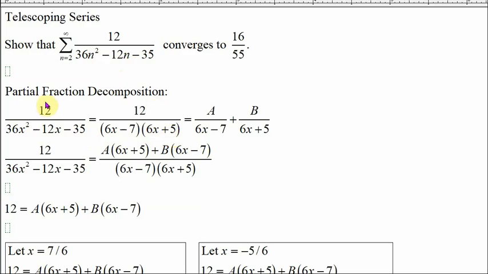And then using what's called partial fraction decomposition, we can rewrite this as some constant a over 6x minus 7 plus some constant b over 6x plus 5. To combine these two expressions, we can cross multiply, so we get a times 6x plus 5 plus b times 6x minus 7, and then dividing by the product of 6x minus 7 and 6x plus 5.